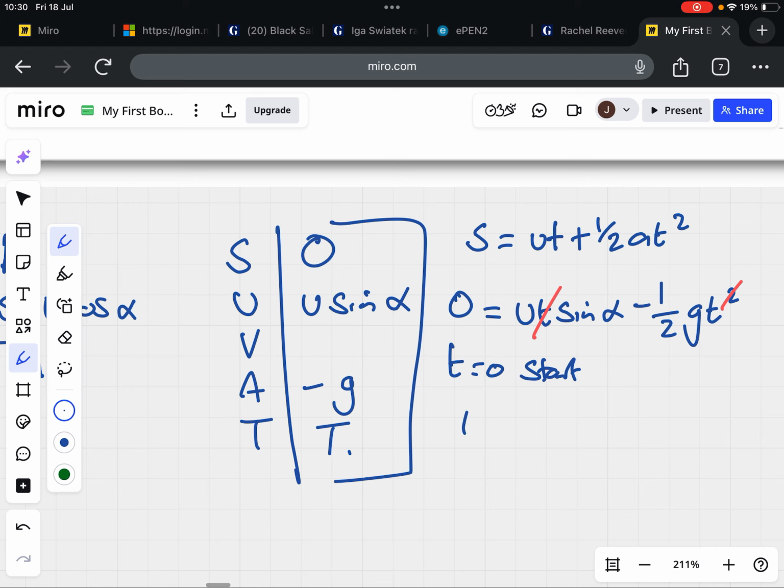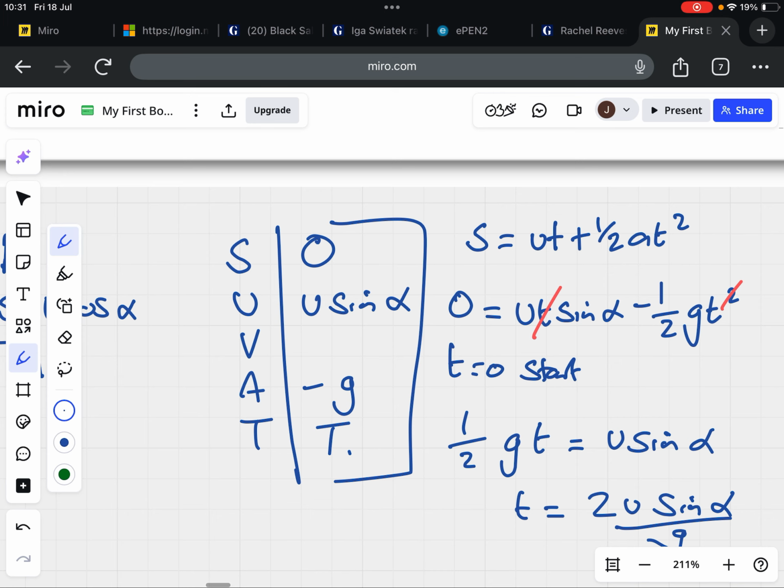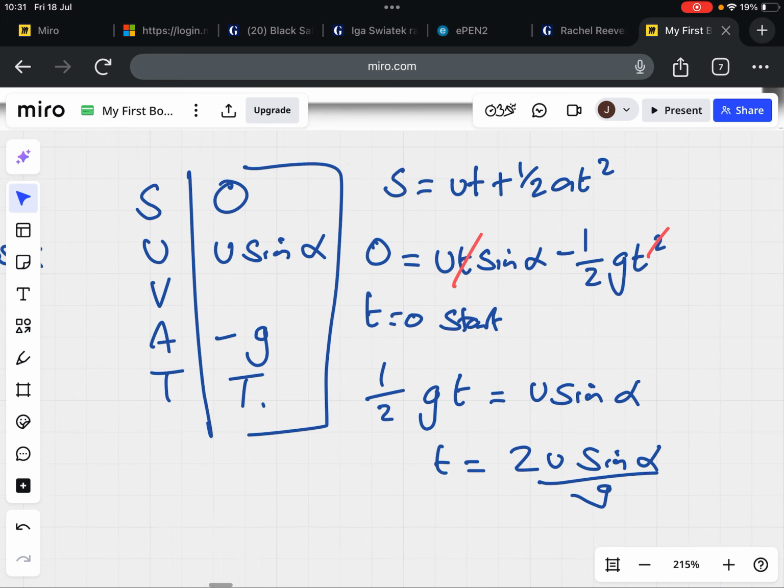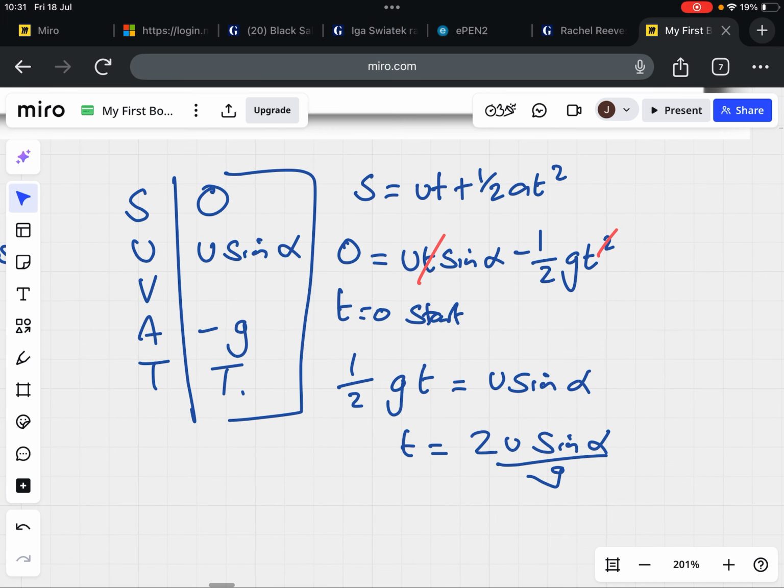So if I add this to the other side, I'll get half gt equals u sine alpha. Is that correct? Yeah. And then I could write this instead as t equals 2u sine alpha over g. Okay, so that's it for my expression.